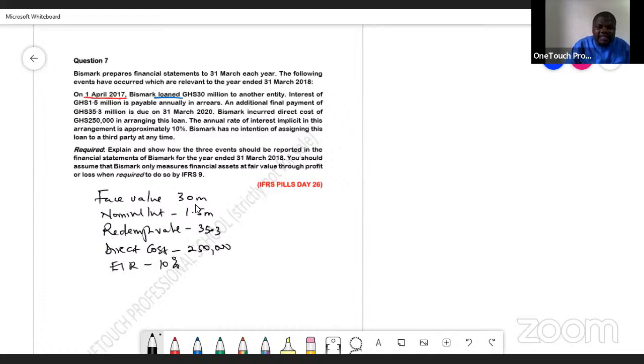Bismarck has no intention of assigning this loan to a third party at any time. It means that Bismarck intends to hold on to that loan until maturity.